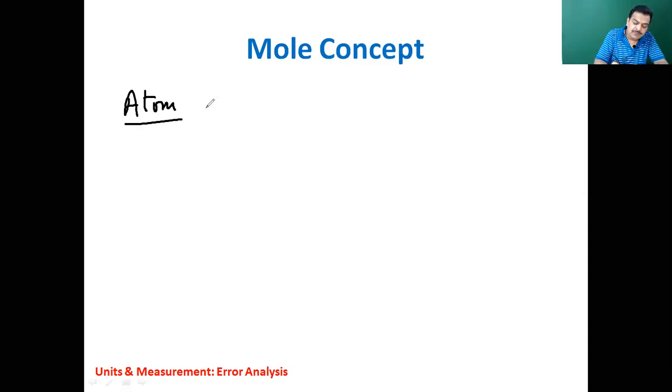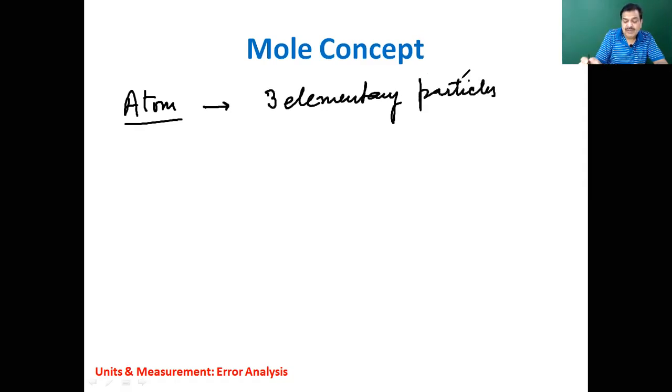Now atom is made up of basically 3 elementary particles. Elementary particle means the smallest particle which cannot be broken further. क्लासिकल फिजिक्स में चलता था थोड़ा शुरू में, मॉडर्न फिजिक्स में भी ये आया, बट बाद में इनके अंदर भी बहुत सारे पार्टिकल्स आ गए. बट इनिशियली अप टू योर लेवल, I'll say there are three elementary particles.